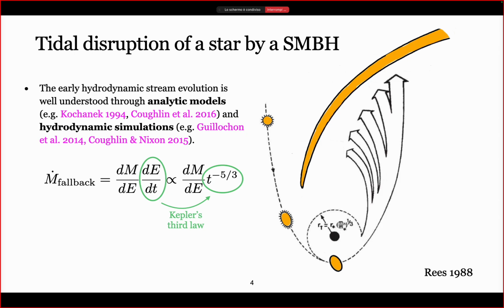And this prediction has quite a long history, because when TDEs were observed for the first time, they were seen in X-rays, and they seemed to agree with this decay.